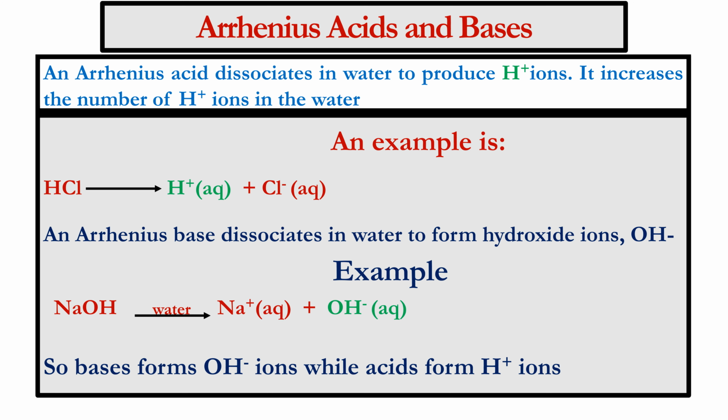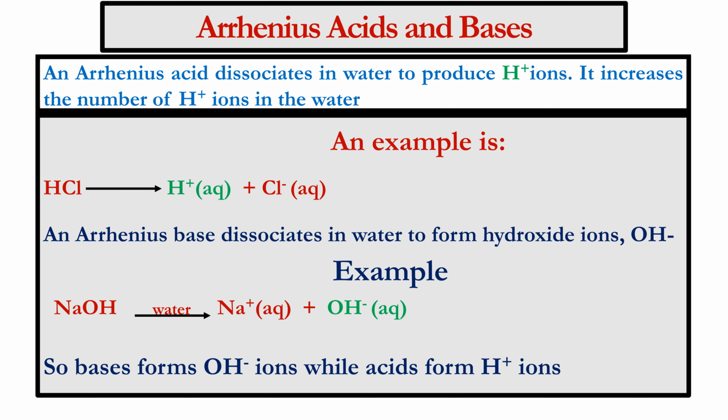Okay, so now we look at Arrhenius acids and bases. What is an Arrhenius acid? An Arrhenius acid is a substance that dissociates in water to form hydrogen ions or protons. In other words, Arrhenius acids increase the number of hydrogen ions in water.